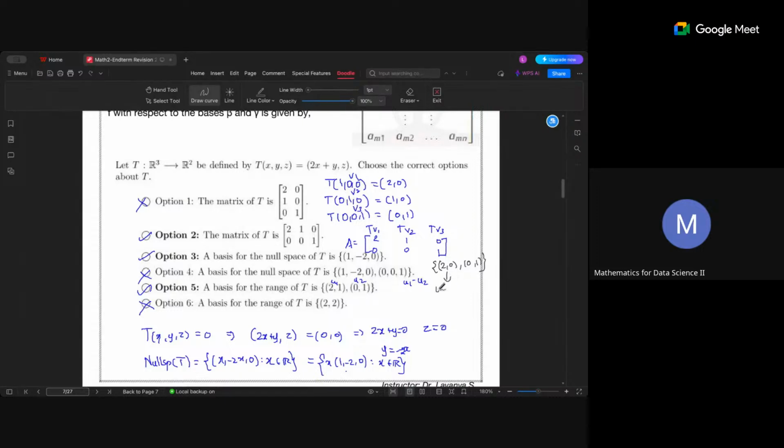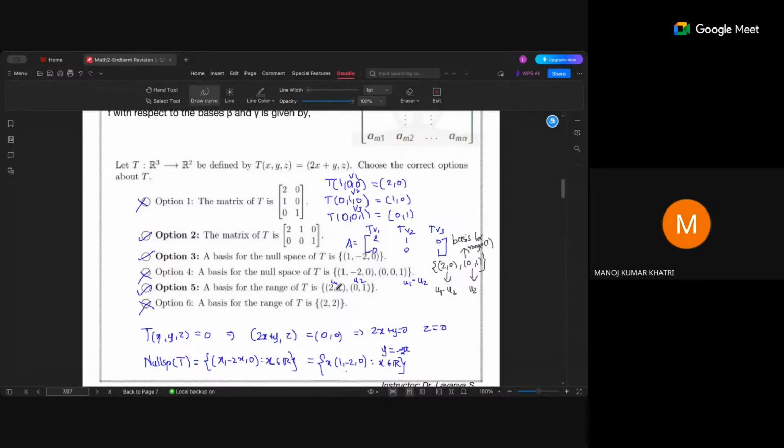You can note that this is u1 minus u2, so you are able to get the first vector from this set. Same way, the second vector is simply u2. So both these vectors are obtained from here. And these two linearly independent vectors, we already know, form the basis for the range of T. So if you are able to obtain these basis vectors from this, then this will also form a basis.